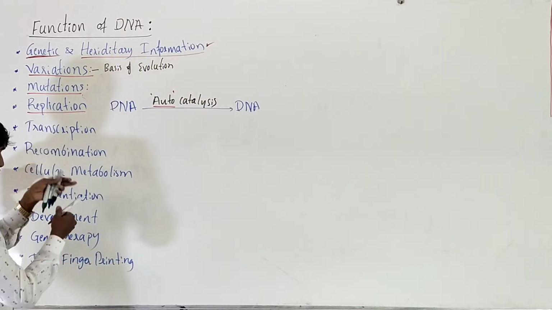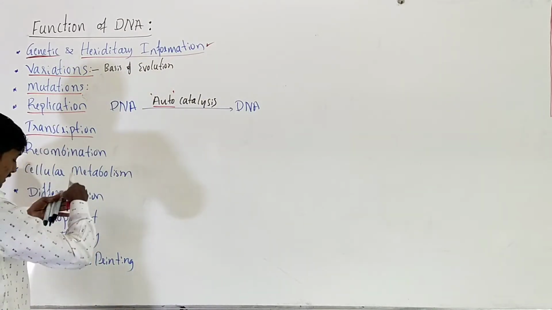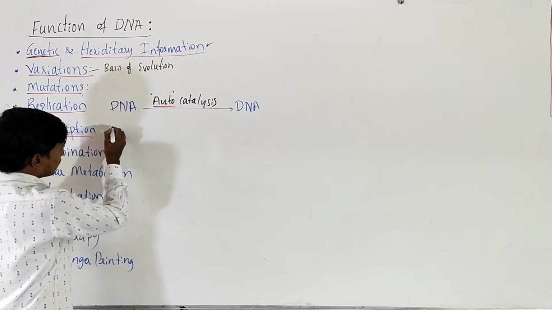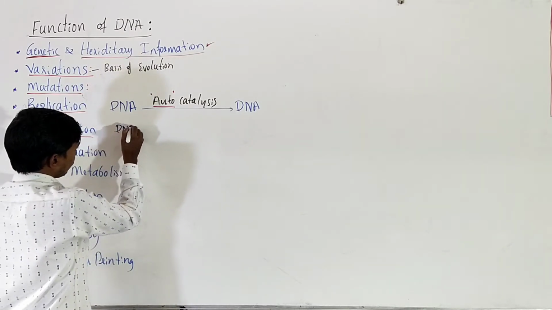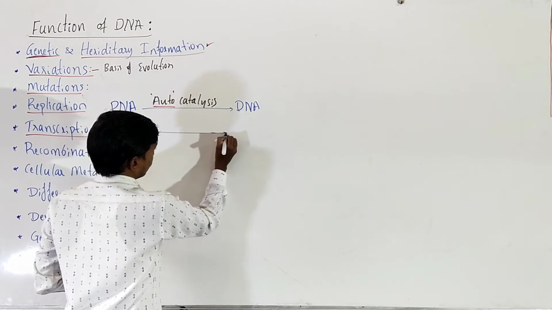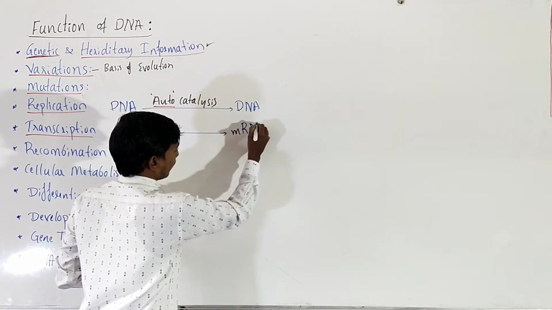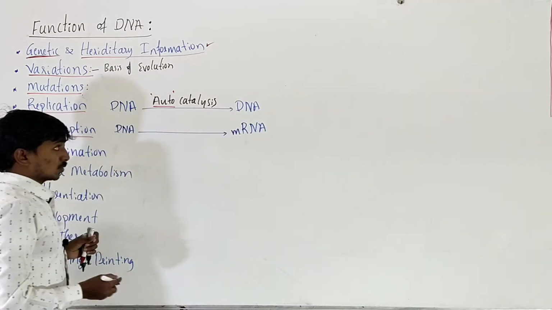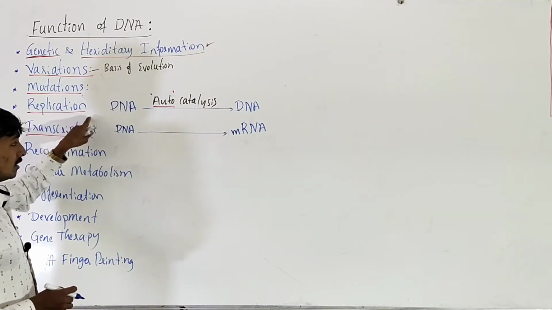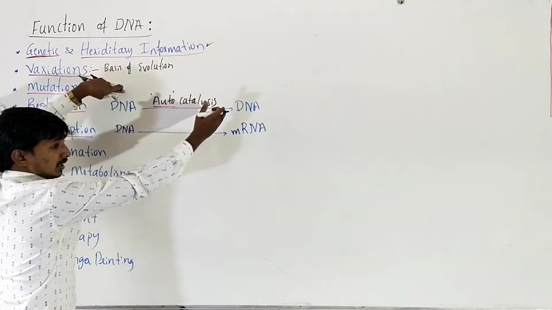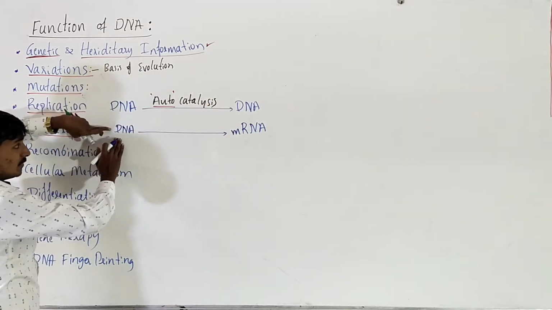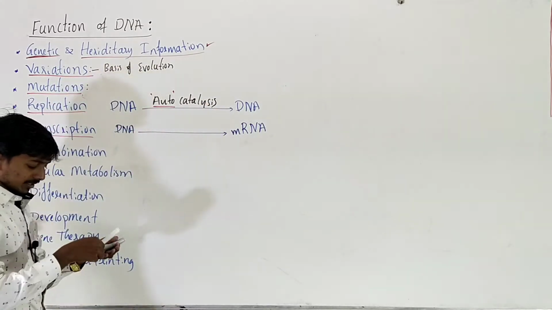Next we have transcription. In transcription what happens? DNA will form messenger RNA. So in replication DNA forms the same molecule, DNA, but in transcription DNA forms another molecule.